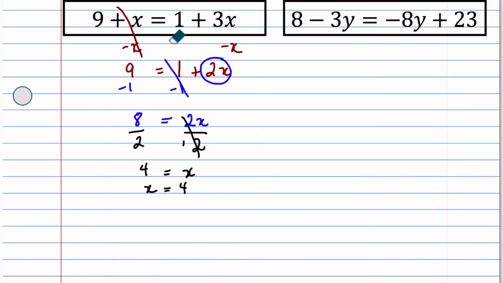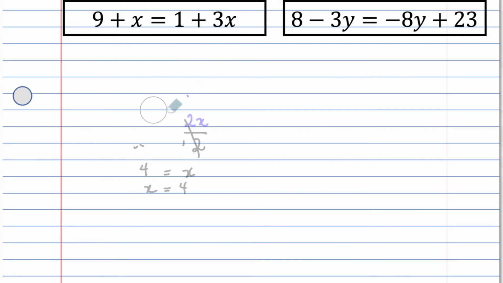Now rather than subtract x both sides, we could have subtracted 3x both sides. When we do, we get a 0 pair on the right and a 9 minus 2x on the left.